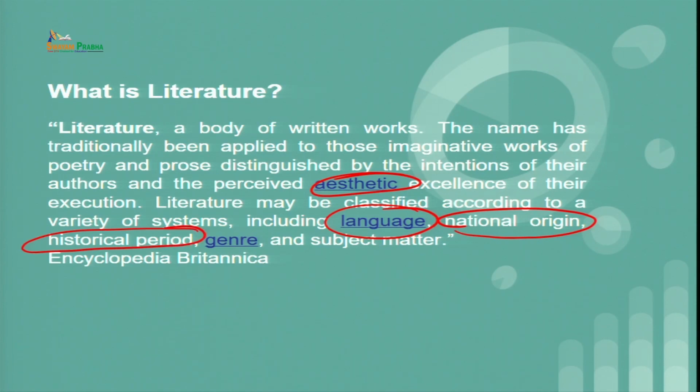In literature, we find varieties of genre, and also we get to know about the subject matter. So, this is the definition of literature. However, this perception varies from one author to the other, and we will now look at the definition and also its explanation from different perspectives.